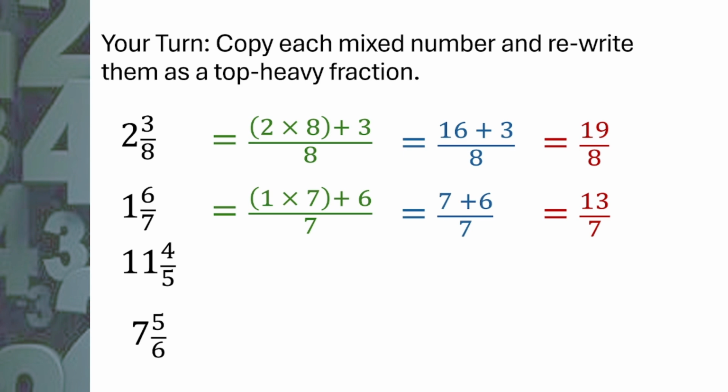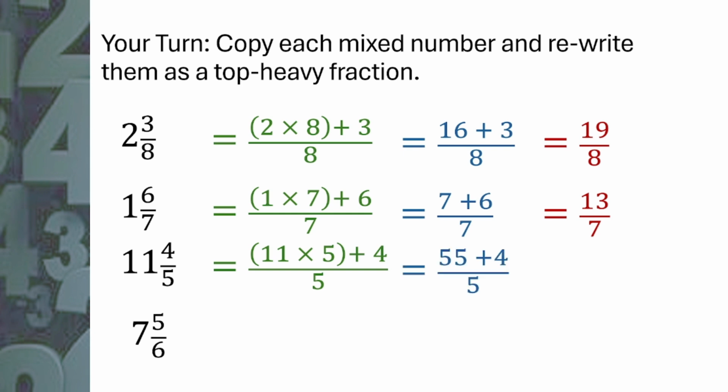Question 3. 11 4/5. So 11 times 5 plus 4. 11 times 5 is 55. 55 plus 4 is 59. 59/5 should be our final answer.